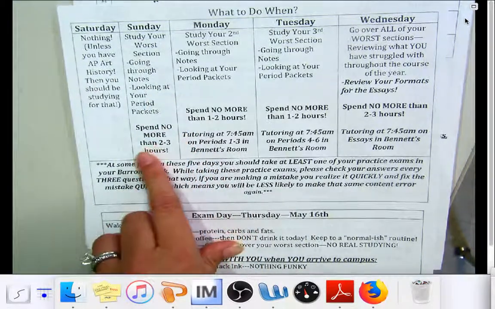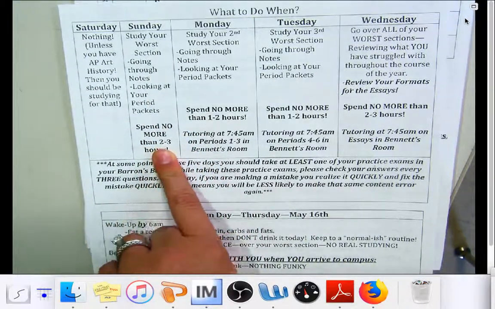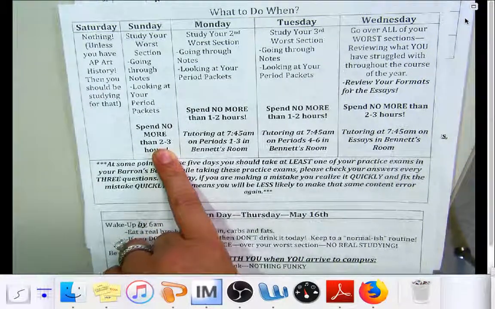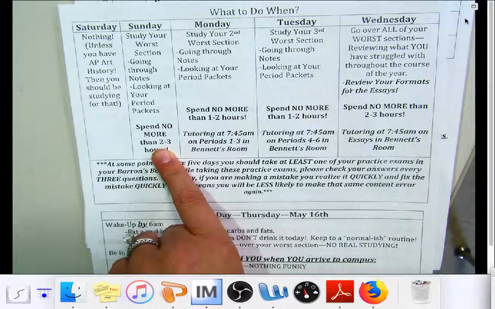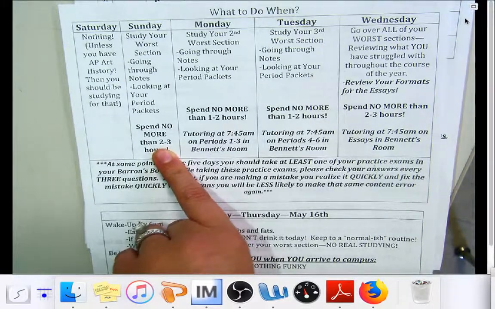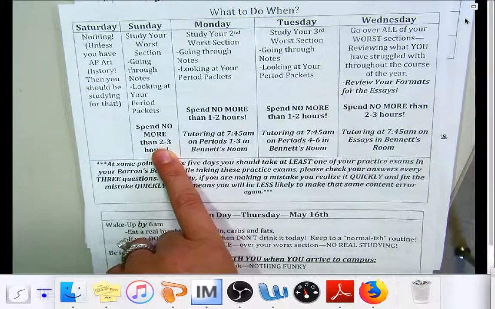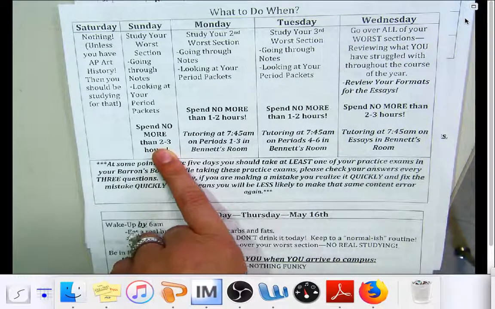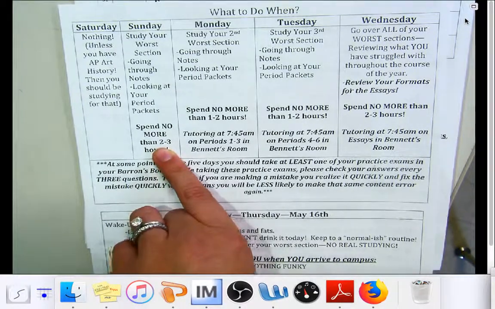I do not want you spending more than 2 to 3 hours doing it. Absolutely not. If you are spending meaningful time and you think after 2 hours you're good, that's fine. Spending an hour and a half, not okay. 2 hours to 3. I don't want any more of that. Is everyone clear on that?